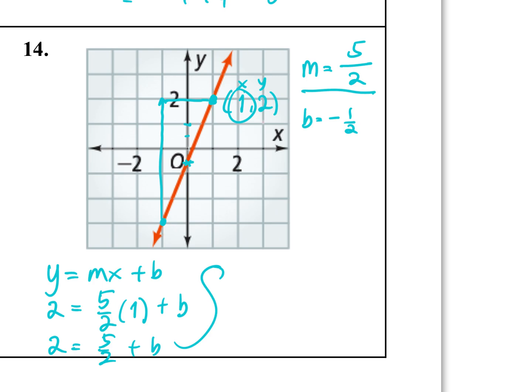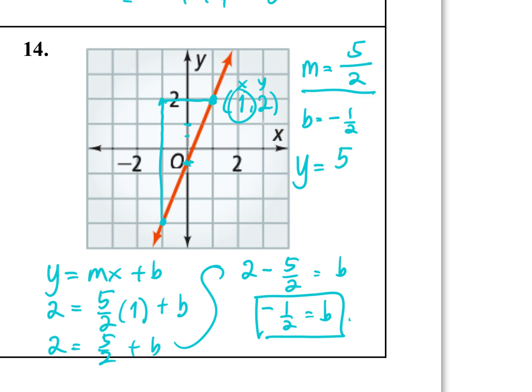If we multiply, 2 minus 5 over 2 is equal to b. 2 minus 5 over 2 is going to give you negative 1/2, because 5 over 2 is bigger than 2. So this is going to confirm my guess earlier that our b here is negative 1/2. So the equation of this line is going to be y is equal to 5 over 2x minus 1/2.